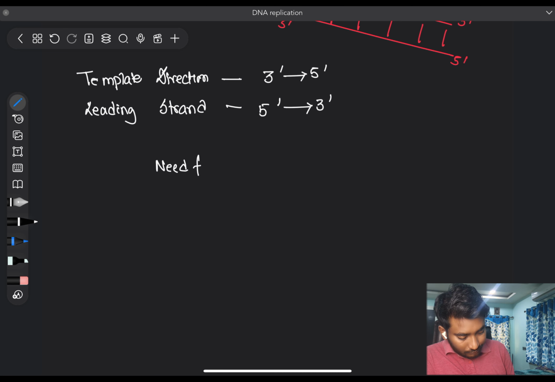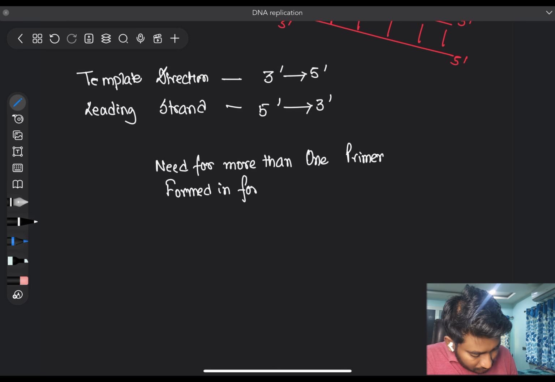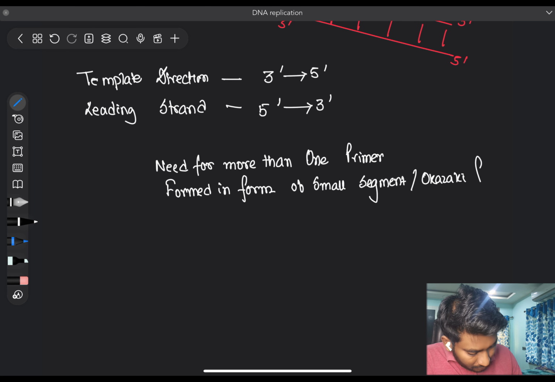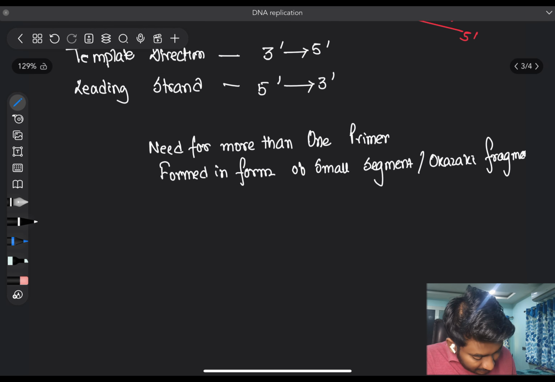The need for more than one primer is because the DNA is formed in the form of small segments, the Okazaki fragments. Okay, and this is called the lagging strand.